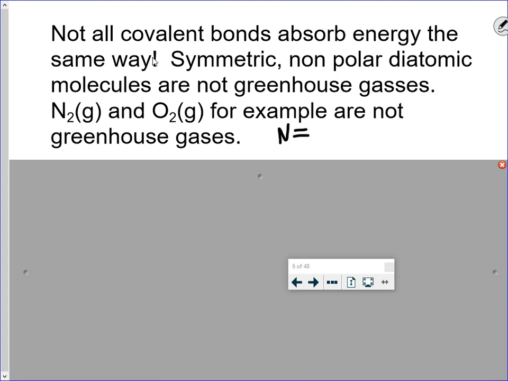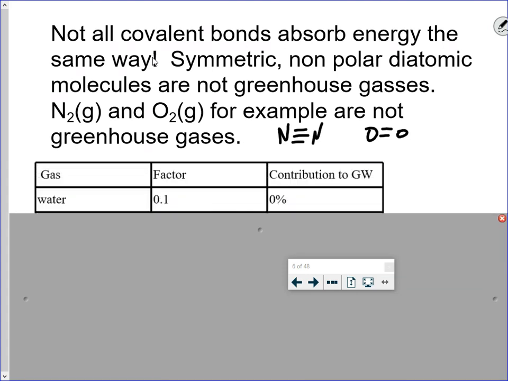Symmetrical molecules like nitrogen, and we'll get into the bonding unit later, nitrogen looks like that, and oxygen looks like that. Because they're so symmetrical, they don't have vibrations. They don't have vibrations when the low wavelength energy hits it when it's being re-radiated from Earth. So water is actually a greenhouse gas effect gas, but a very, very, very crappy greenhouse gas. It contributes almost nothing to greenhouse gases.